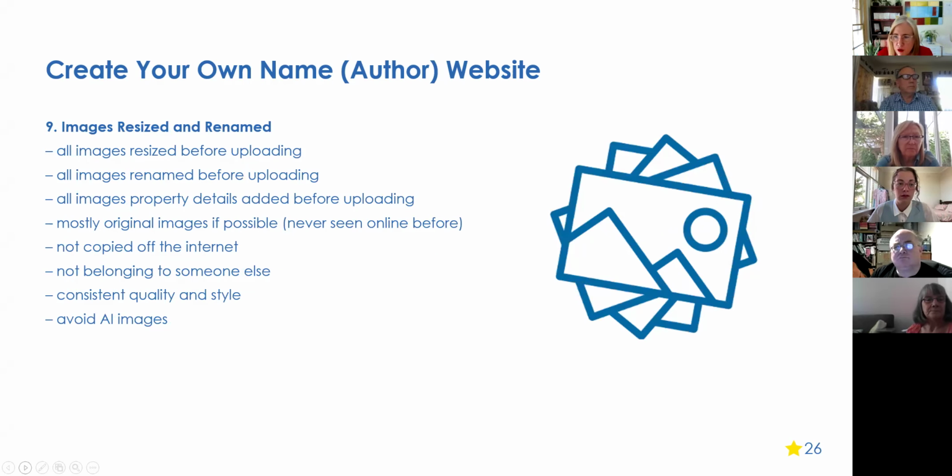Now, before I put any images on my website, I try to use either my own images that I've taken myself because the internet has not seen them before, and I don't include buildings or people or designated sites if I can, because I don't want to be sued because I used somebody's image when I shouldn't have.